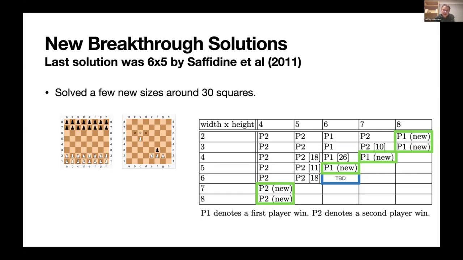Using the finite automata to compress, we were able to solve several new board sizes around 30 squares. The ones marked in green are all new. And the one marked in blue for 6x6, that's a work in progress. Hope to finish that soon.